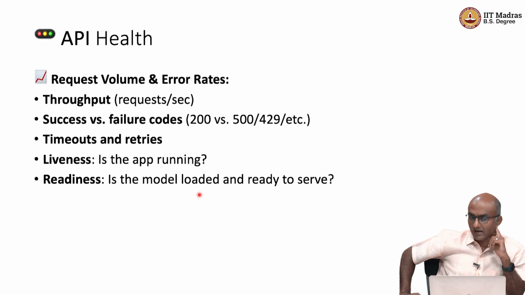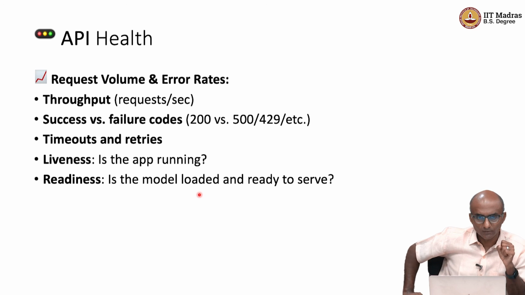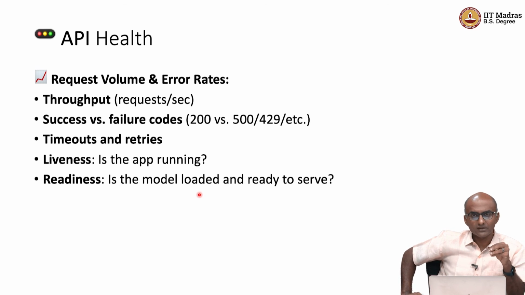Then the last two angles here are very interesting and simple ways in which you can keep track of your model health. The two topics here are called liveness and readiness. Liveness just refers to the fact that the model is running. Let's say the model goes down for some reason. How do you figure that out? It shouldn't be that you're executing a prediction request and that's returning with a 400 error saying server is unavailable.